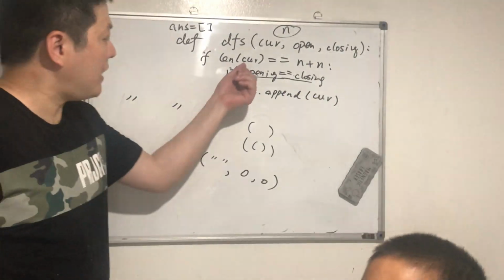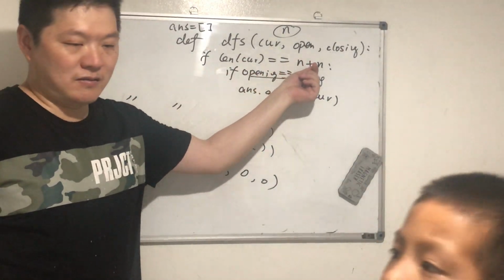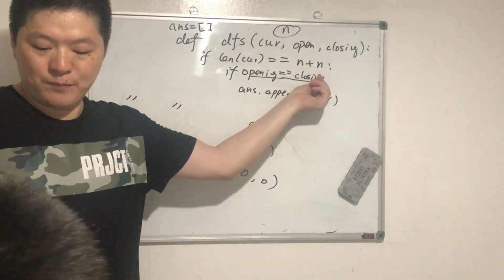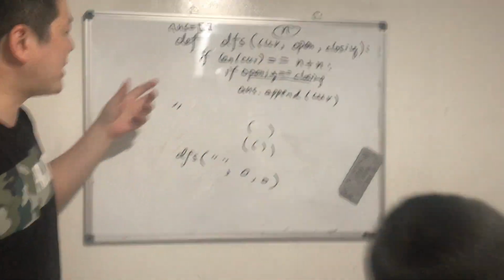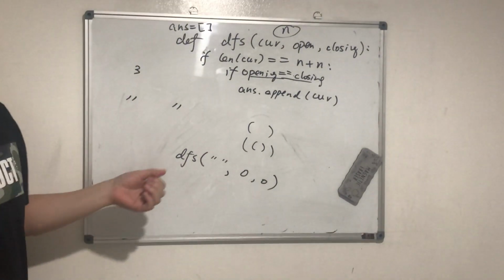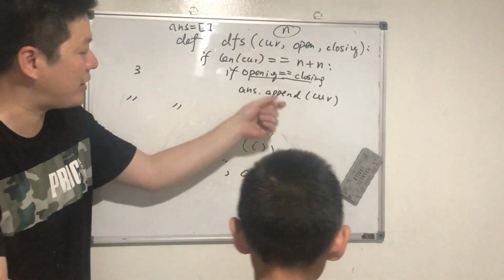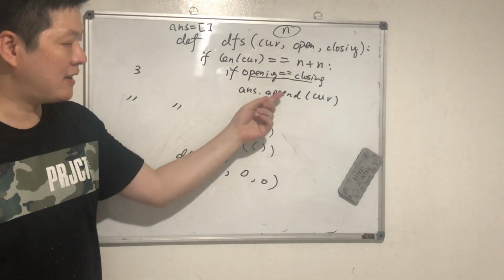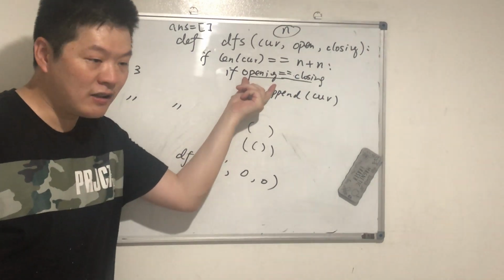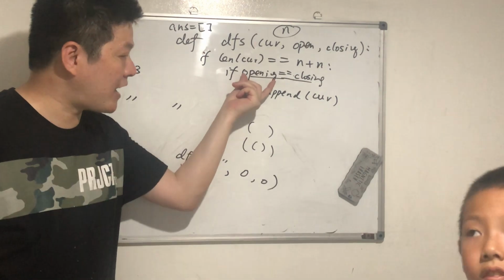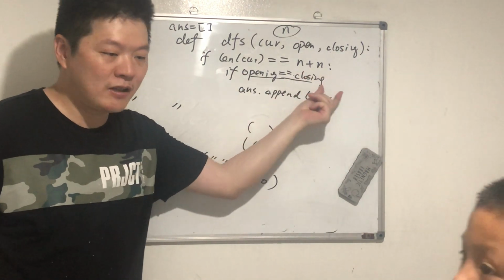If the length is the final length, if we want to generate three pairs of valid parentheses and the length is 6, that's what it means. The length is 6. Then we need to check if there are 3 opening and 3 closing, right?